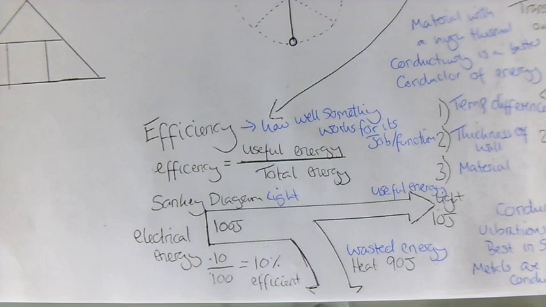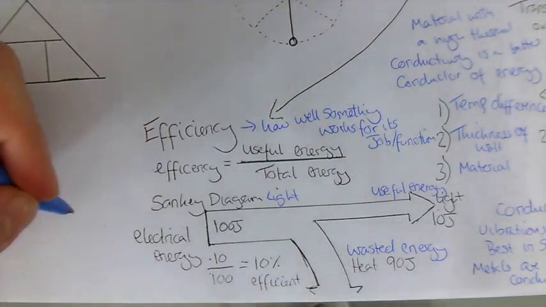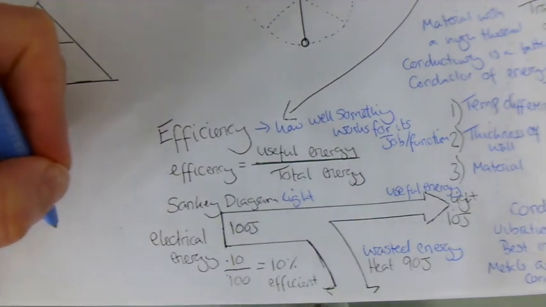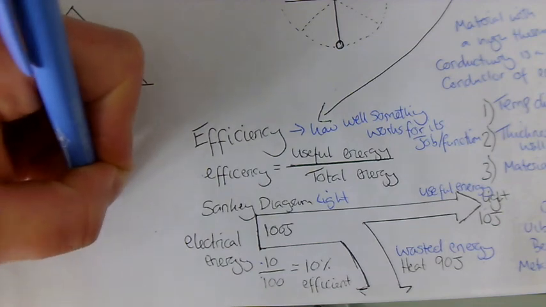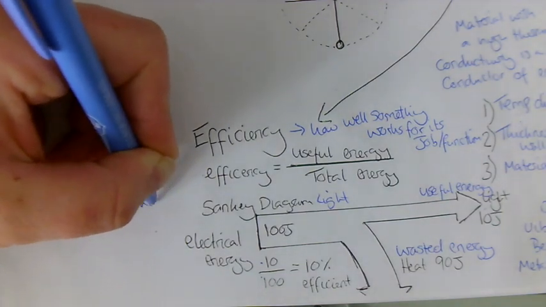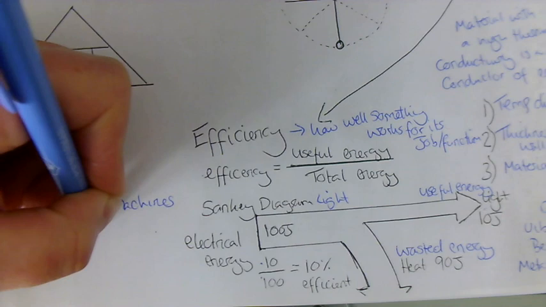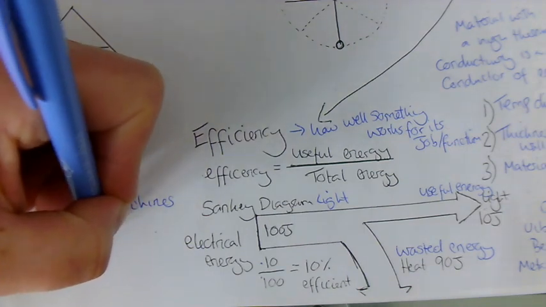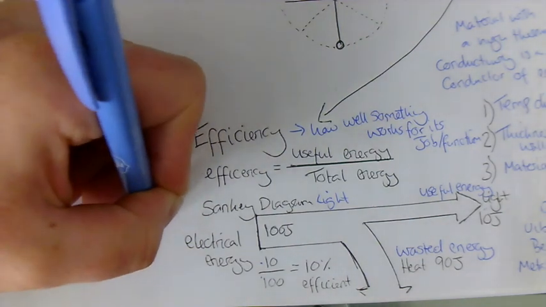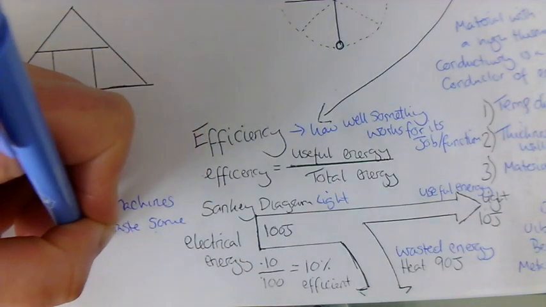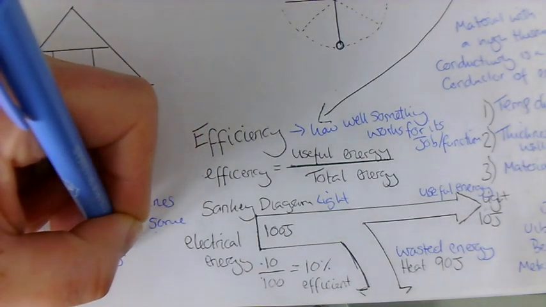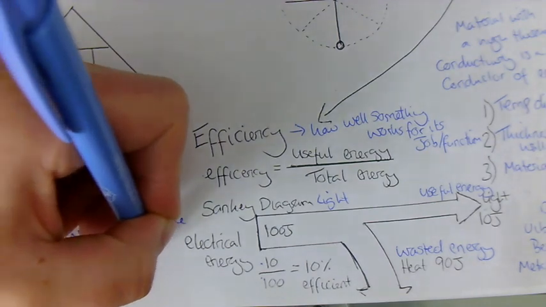So all machines will waste some energy, usually as heat, but unwanted transfers can be reduced by insulation or normally by lubrication. So we'll write that down. All machines will lose or waste some energy as heat.